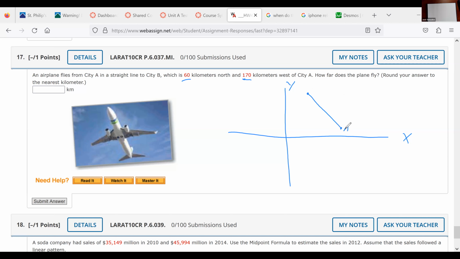This isn't necessary, but I just want to picture it in my head. They want to know this distance, but we are 170 kilometers west of here, and 60 kilometers north. So this is what I'm thinking they're saying. So find the hypotenuse. That's it. That makes sense?